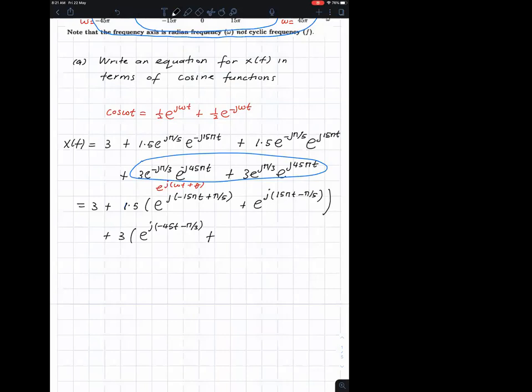And then plus e to the j 45 pi t, minus pi over 3, so plus pi over 3.